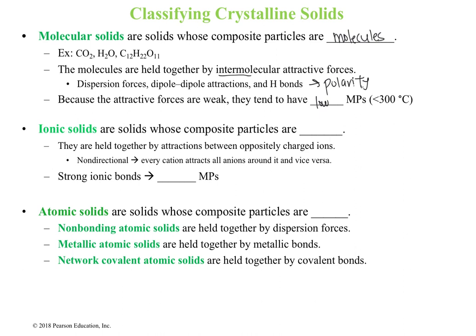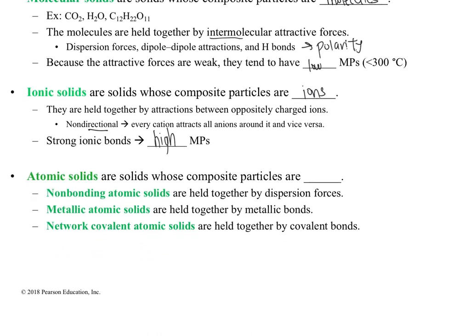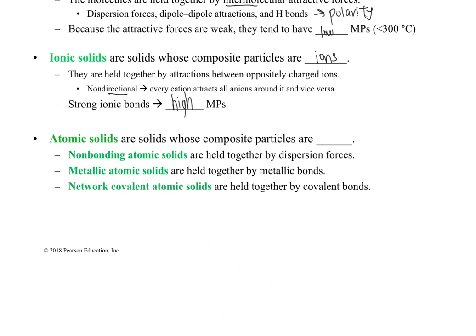Ionic solids are held together by ions of opposite charges. Because of that, they are non-directional, so they have that lattice structure. Because it's in all 3D, it's very strong, and so they have very high melting points, just like we've already learned about. And then atomic solids are particles made up of atoms.